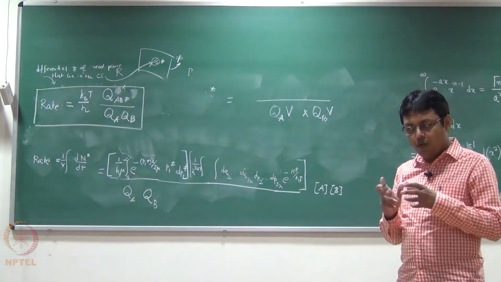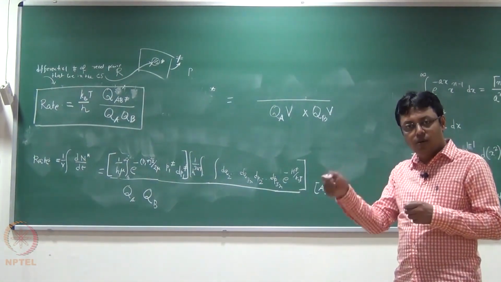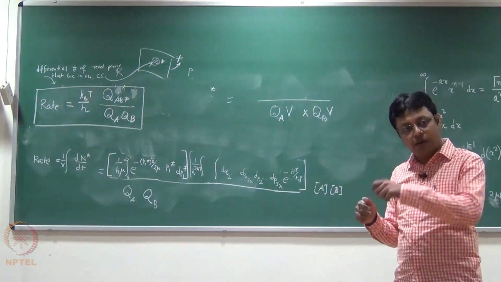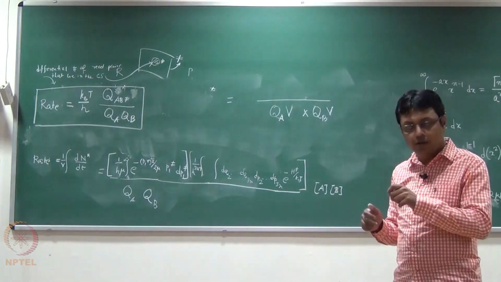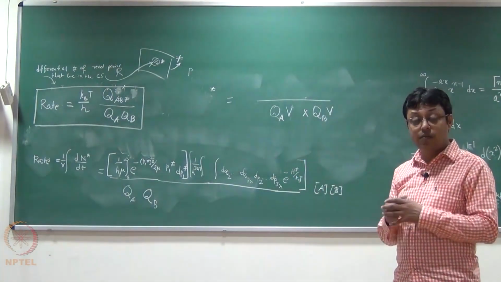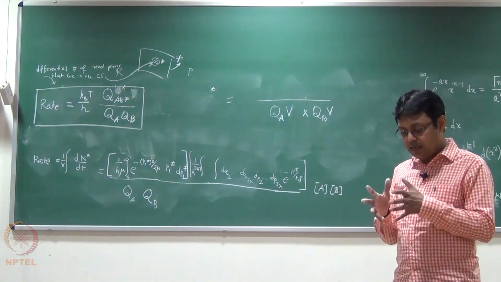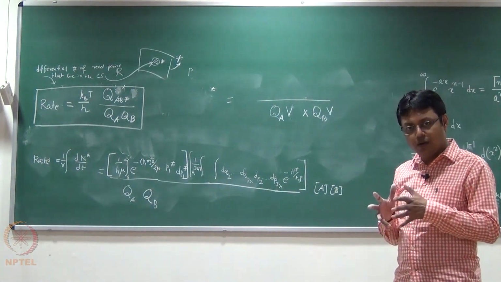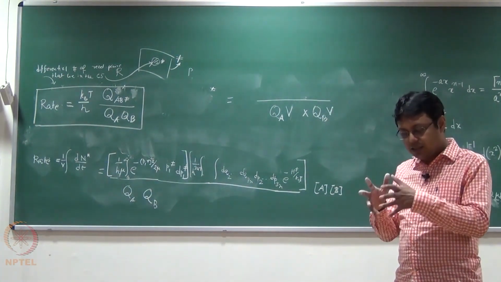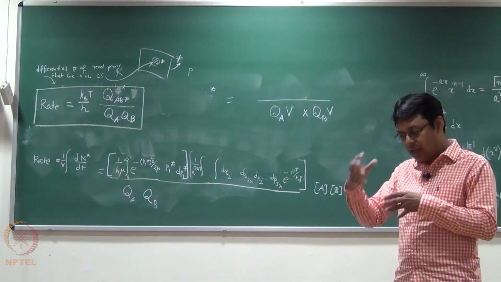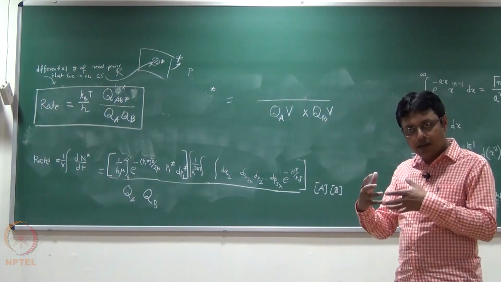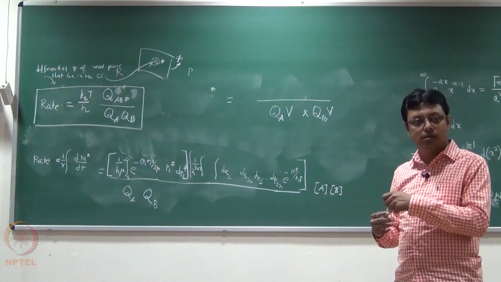Now, I can calculate the number of trajectories which are going from left to right per unit time, per unit volume, that is my rate. But instead of calculating that way, what I did is calculate the probability or the fraction of molecules which are lying in that dividing surface and at what rate they are crossing.